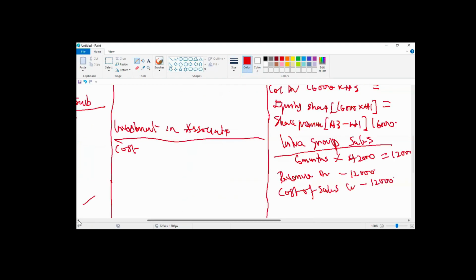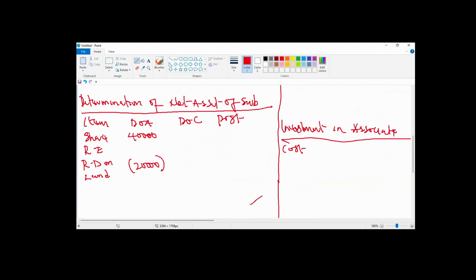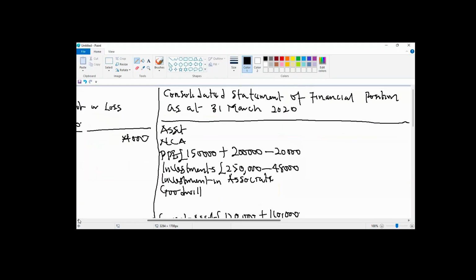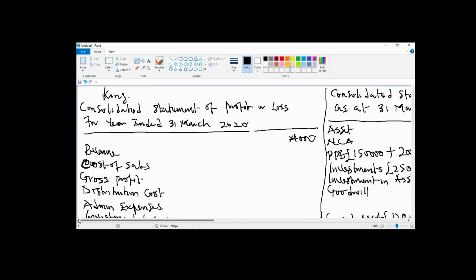I'll go to the question. Revenue of the parent, I will check, which is 80,000 plus 75,000 times 6/12, because we only acquired for 6 months out of the 75,000 for the whole year, then minus 12,000. That's all.